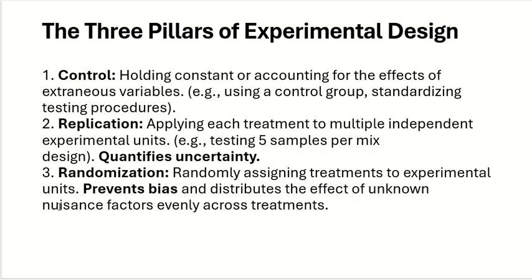And randomization, which means you randomly assign treatments to experimental units. So for example, you have concrete beams, and you prepared 12 concrete beams, all of them with the same size, the same dimension, the same mix.